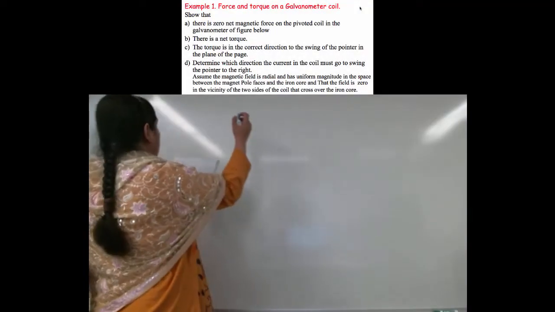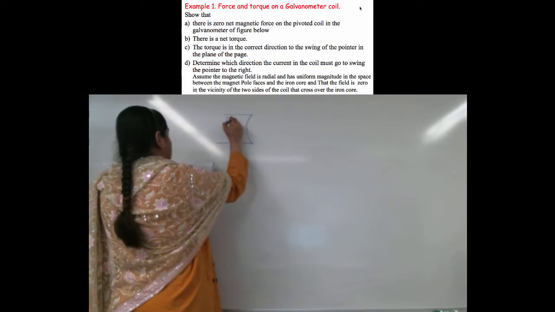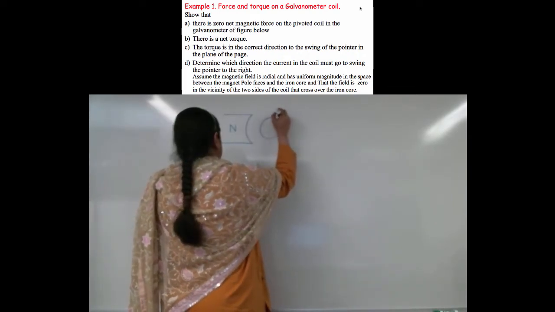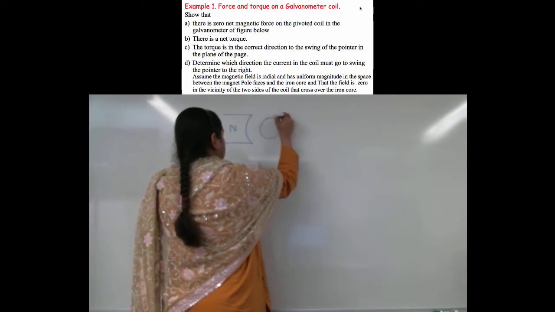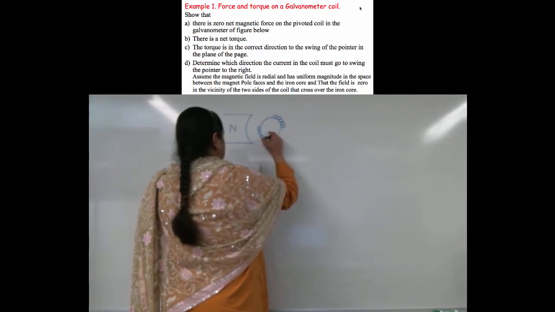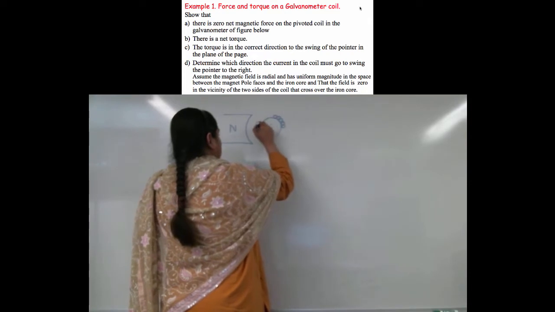So let's draw a picture. Assume that this is the north pole. This is the core, where the coils are being wrapped. This is field going out.